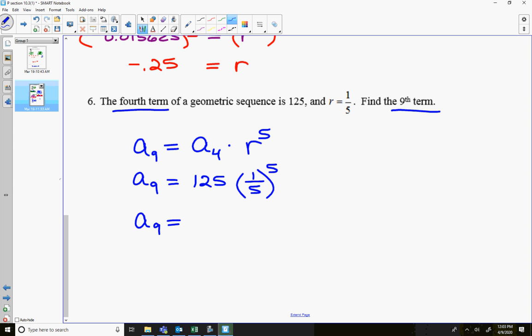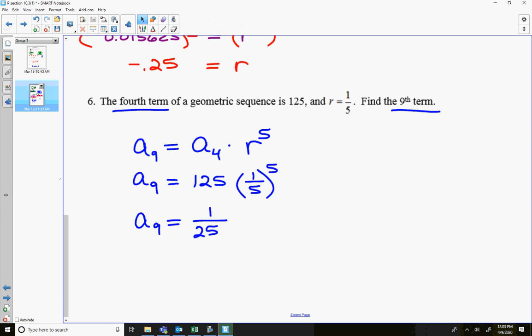And again, I would just punch that out in the calculator. Much as I don't like calculators, these are problems that probably require it. Although actually 125 is 5 cubed, so I should have been able to probably figure out it was just a 5 squared in the denominator, if we were looking at it close enough.